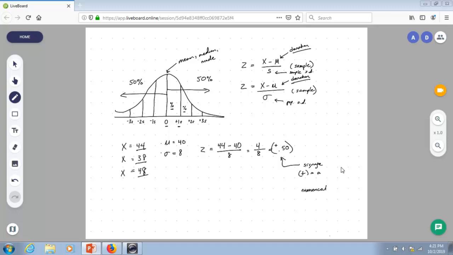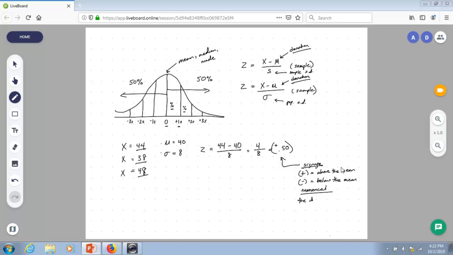Now, the numeric tells us the distance in standard deviation units that a raw score is from the mean. So going back to our example, 44 is 0.50 standard deviation units away from the population mean of 40.